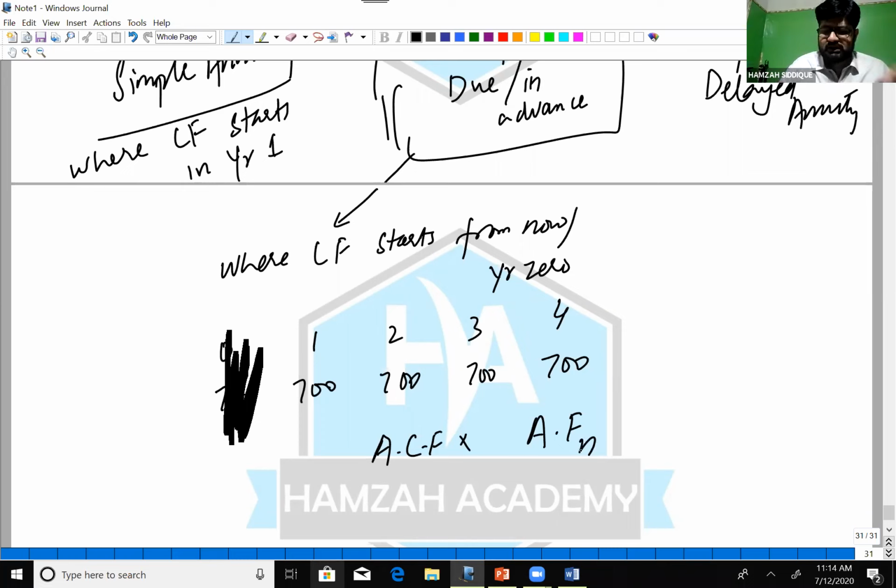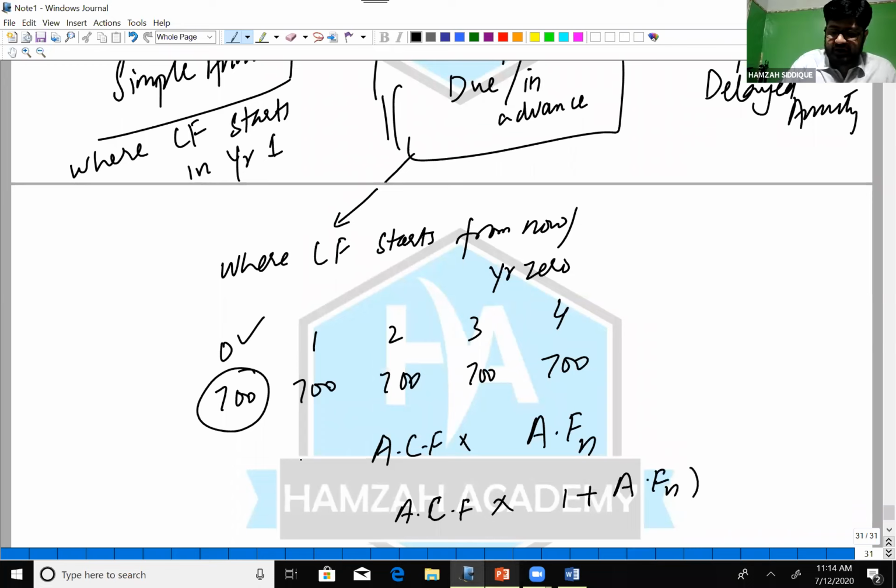So it is easy. For year zero, we know the discount factor is always 1, at every rate. So annual cash flow cross 1 plus annuity factor is equal to present value.